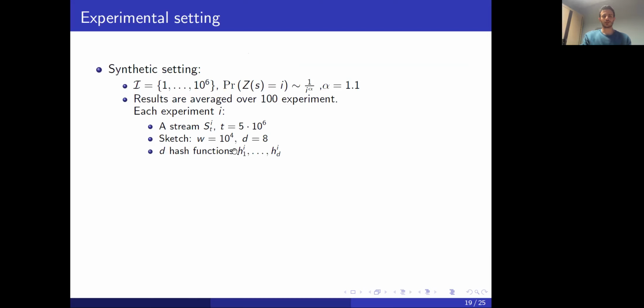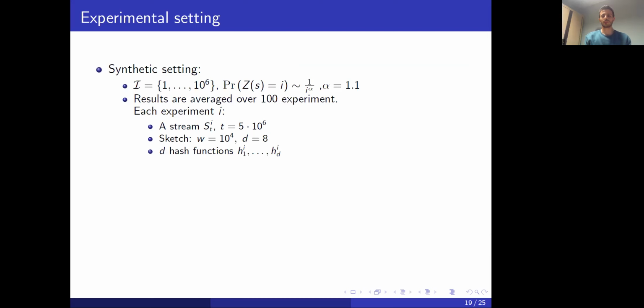To test our results, we do an experimental benchmark. So in the synthetic setting, the catalog of items is 1 to 10 to the power of 6. Then each item has a probability of being requested according to a Zipf distribution.